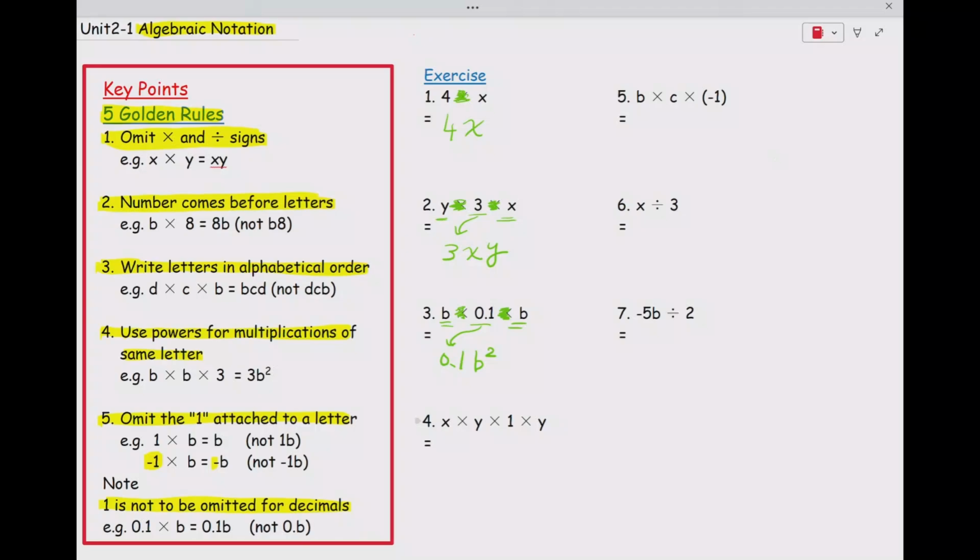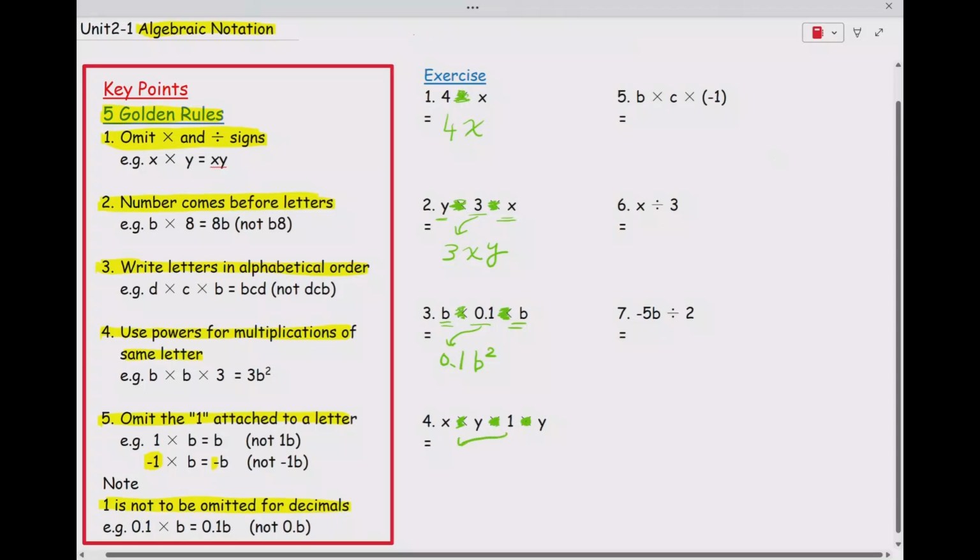Question number 4. X times y times 1 times y. This is the same as the previous question. Just follow the 5 rules. First, omit the multiplication signs. Then, write the numbers first and the alphabet after.